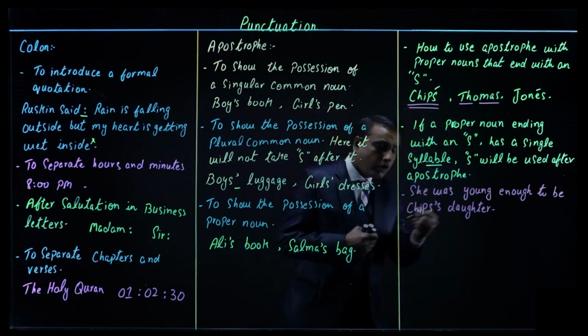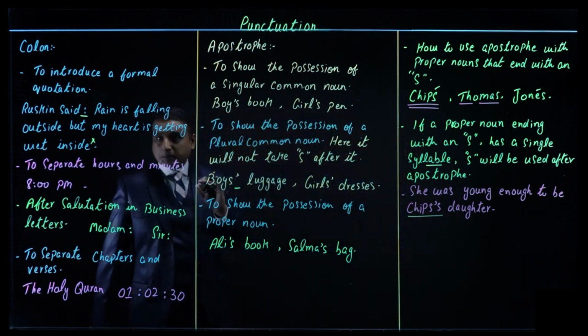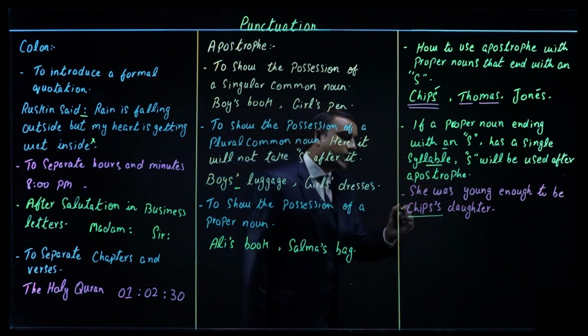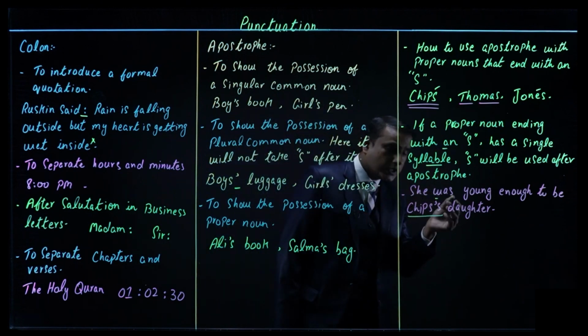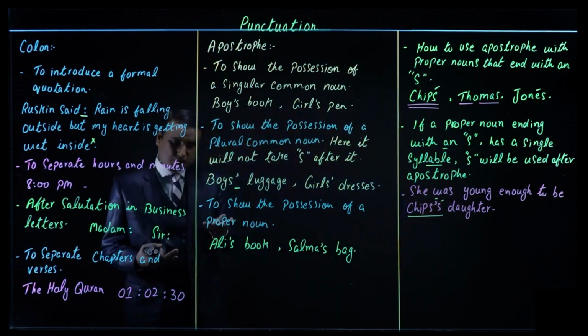Now here, although the word chips is ending with s, but because it is a single syllable word, that is why we are not only using apostrophe, but we are also using s after the apostrophe.